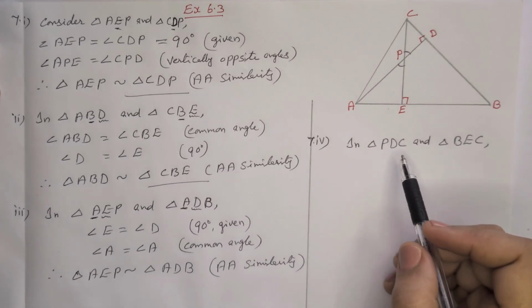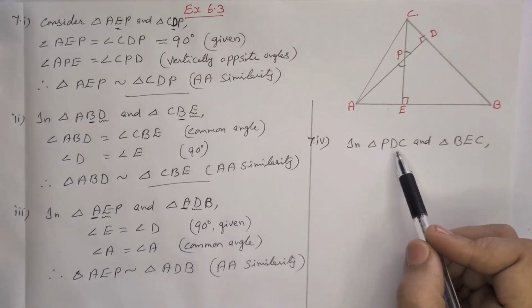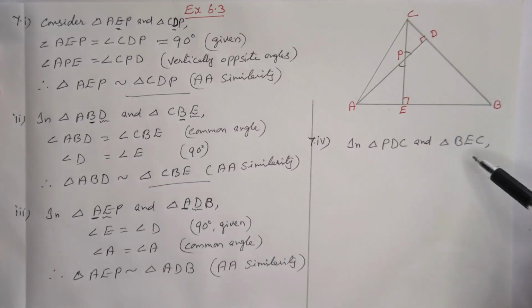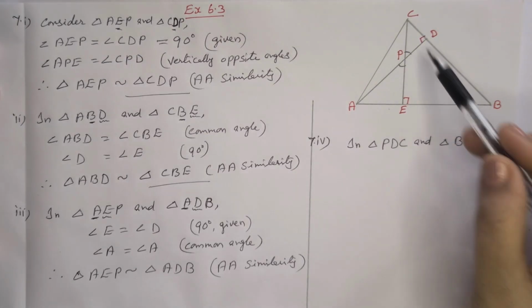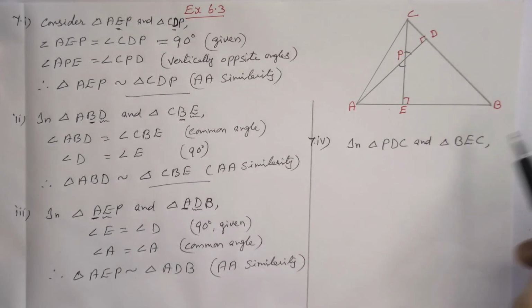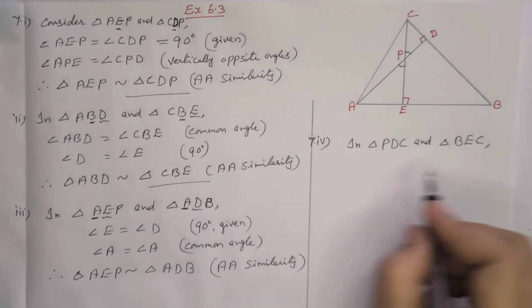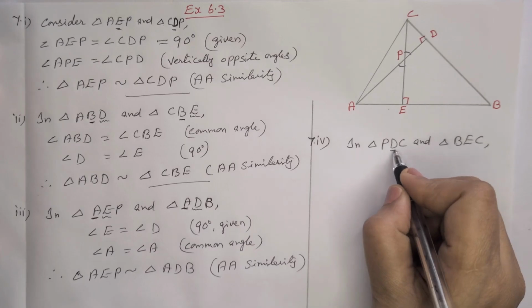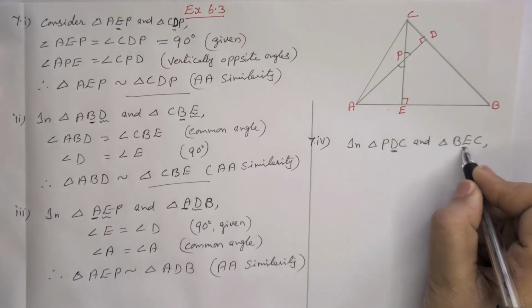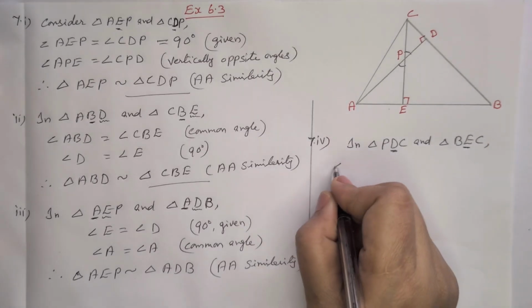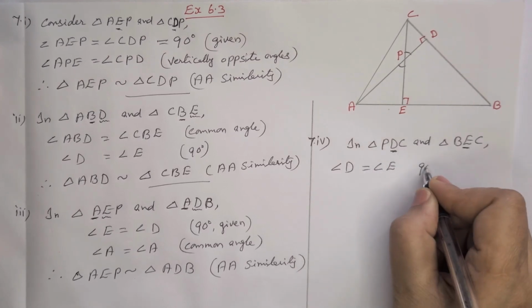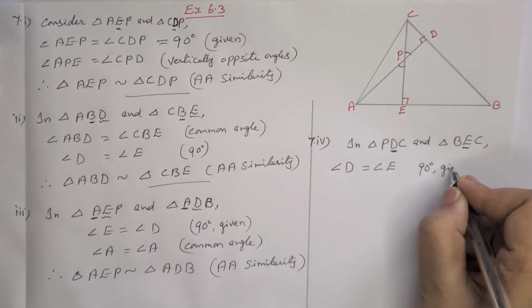Now, fourth part of that question, triangle PDC and triangle BEC. We have to prove these two are similar. For that, first we consider these two triangles. From here we can write angle D is equal to angle E, 90 degrees, that is given in the question.